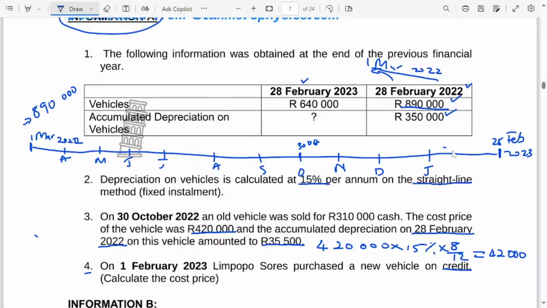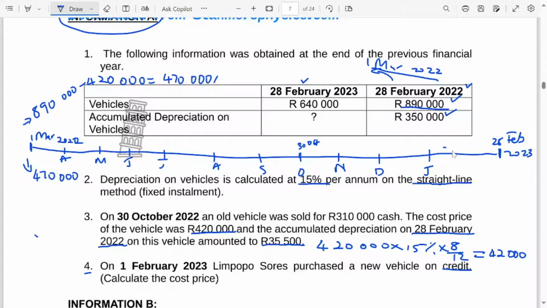So I want to know actually which vehicle stayed for the whole 12 months. So I'm going to say 890 minus 420, because the 420 did not stay for the whole 12 months. So it means that the amount they stayed for the whole 12 months, it is 470,000.